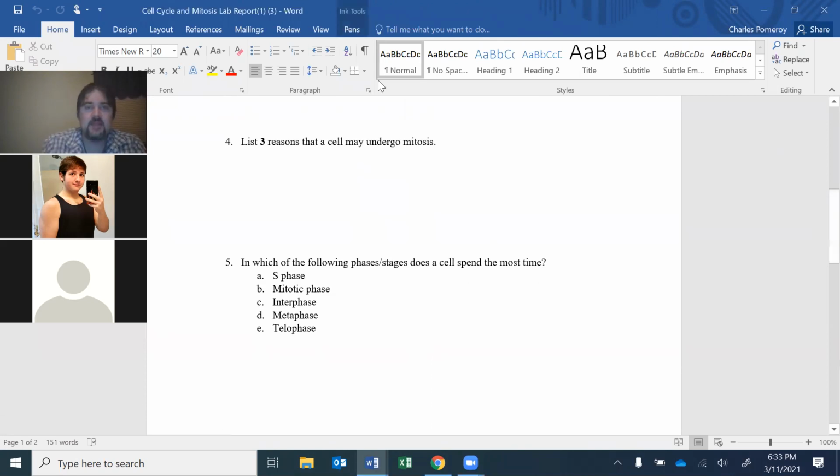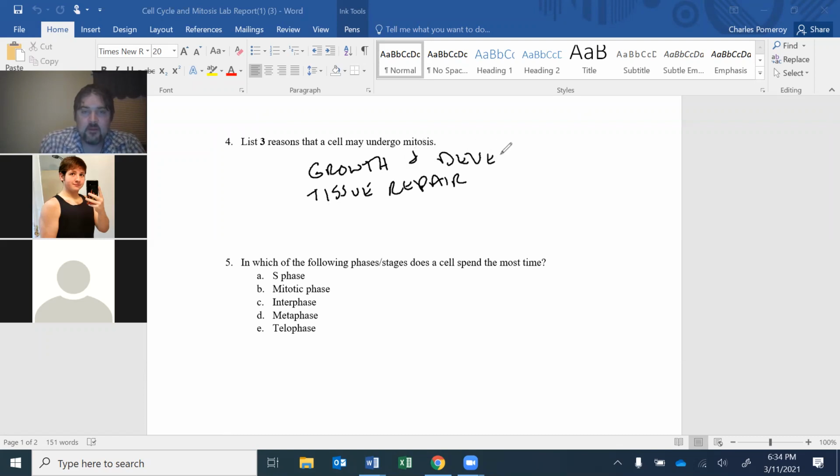Three reasons why a cell may undergo mitosis. You can put things like growth, tissue repair. Growth and development might be a better way to put it.